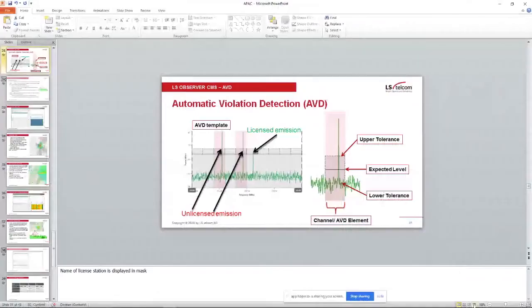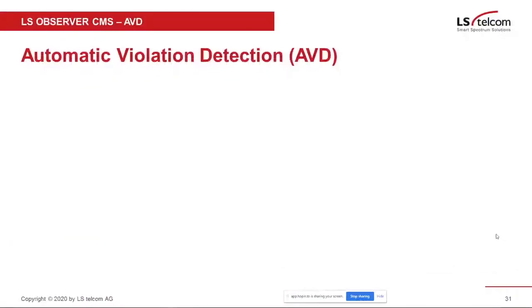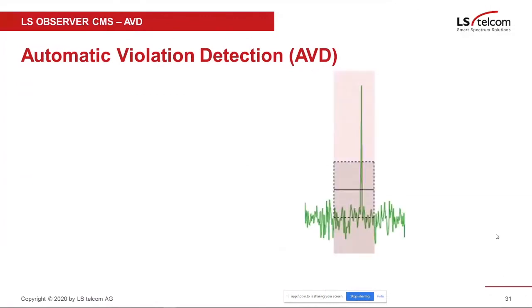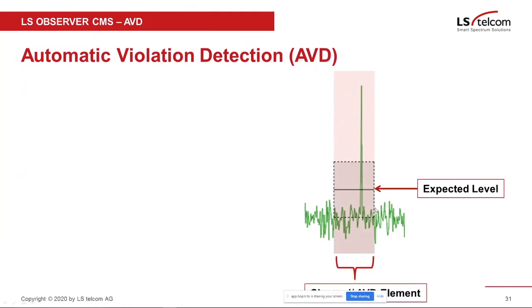Yeah, as I mentioned, LS Observer has multiple features. Just some highlight feature again, because we're running out of time. It's the automatic violation detection. How does AVD work? So for AVD, you can define a spectrum mask for each channel. Spectrum mask means you define the bandwidth of the channel.